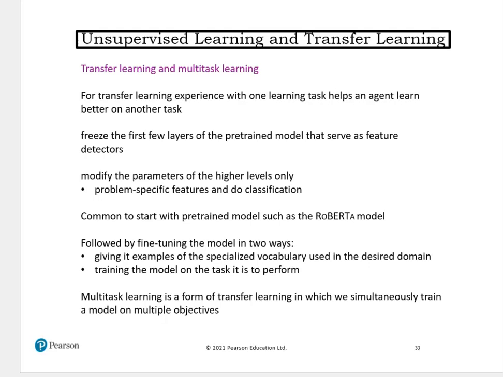When we use transfer learning, typically we freeze the first few layers of the pre-trained model, because these layers serve as feature detectors that will be useful for your new model. Your new data set will be allowed to modify the parameters of the higher levels only, not the very first layers. These are the layers that identify problem-specific features and do classification.